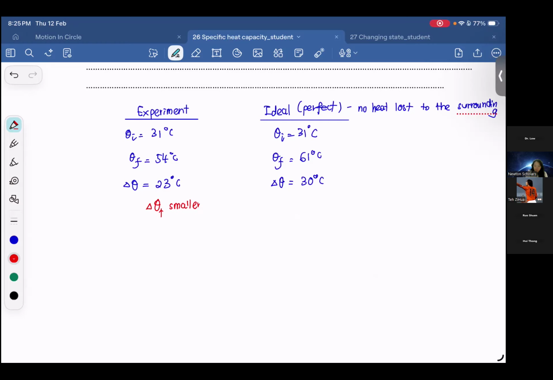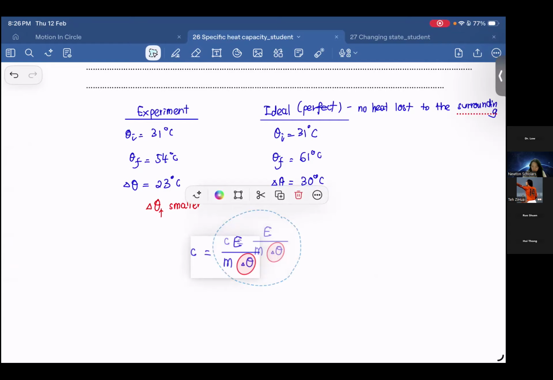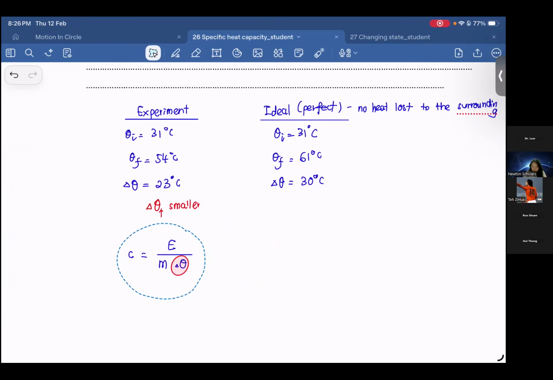Just now we said C equals energy divided by m times change in temperature. When the rise in temperature here is smaller, what happens to your C? A value divided by a small value. So your C should be high or low?